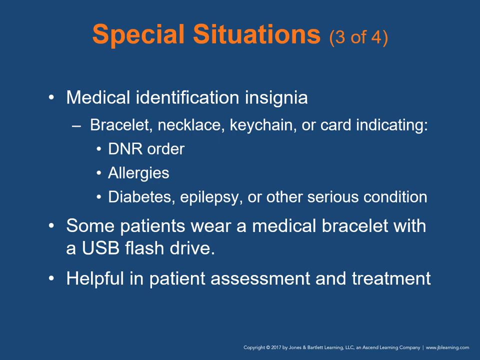This is helpful in patient assessment and treatment, and some patients wear medical bracelets with a USB flash drive. This is often stored as a PDF file that can be read on most computers. So it's not only for treatment and assessment, it can also indicate their wishes in terms of their organs as well.